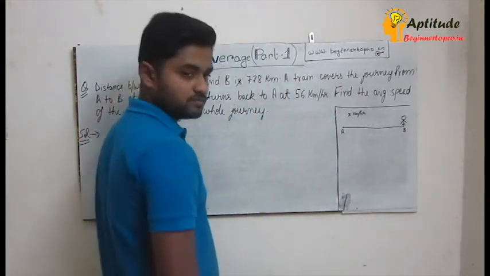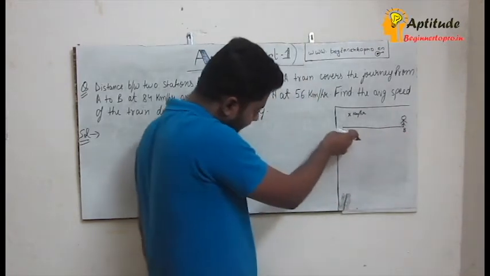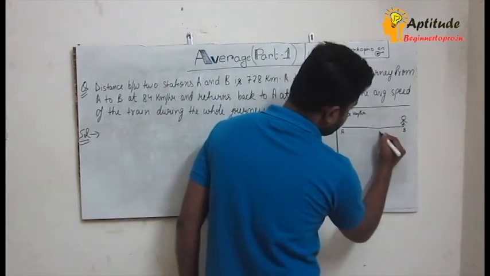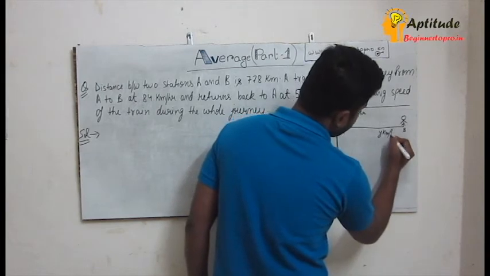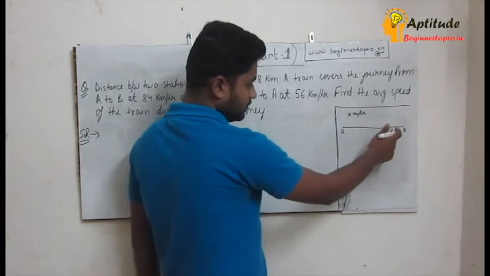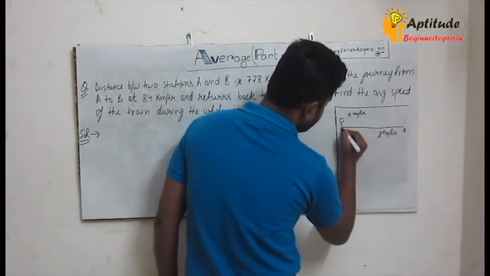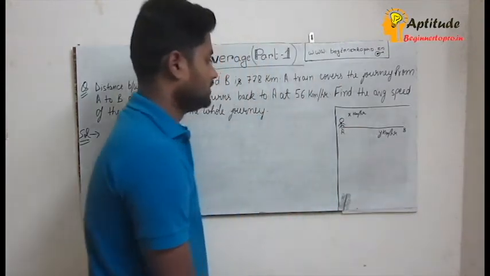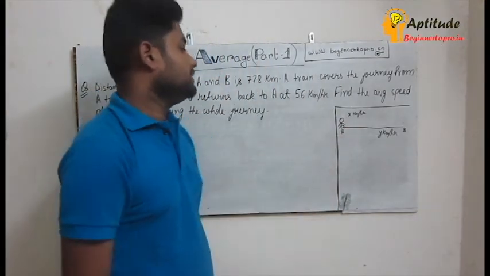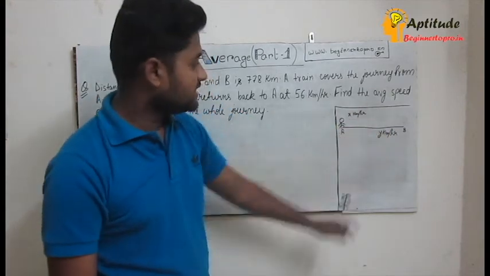Okay. Now again, the same person returns back to point A at, suppose, y kilometers per hour. Means after traveling at y kilometers per hour from point B, this person will be again at point A. Okay. So what will be the average speed of this person in the entire journey?